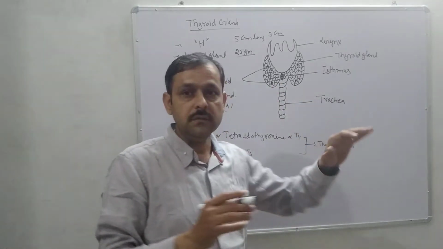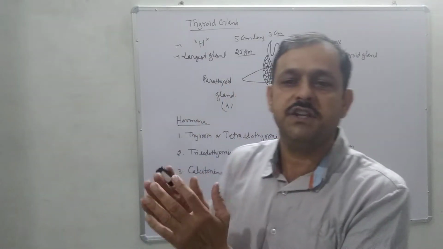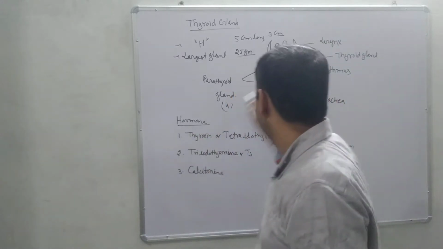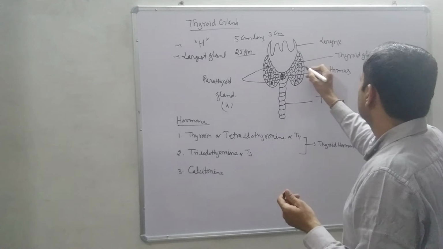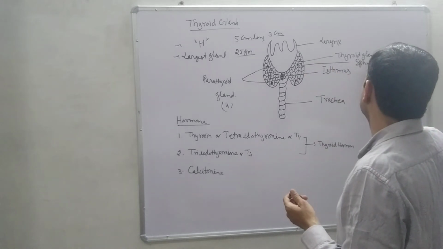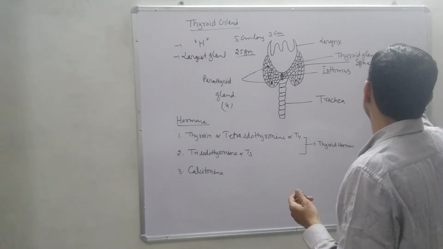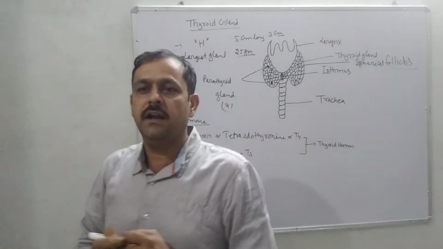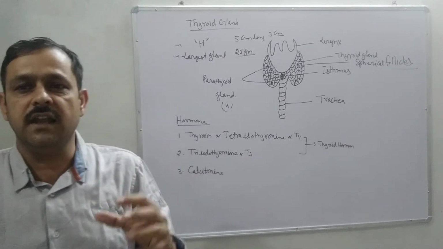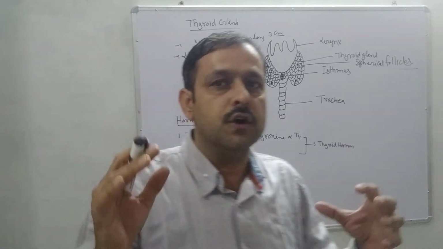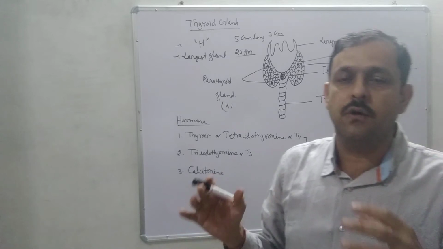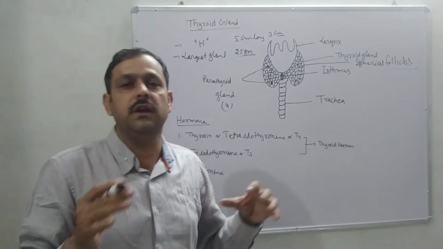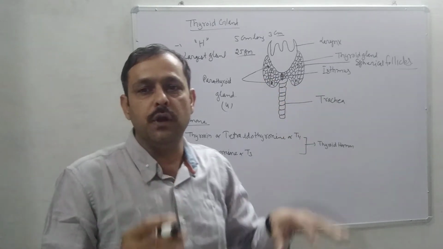Now, this gland is made up of many spherical follicles, and a yellowish, jelly-like, transparent colloidal substance, iodothyroglobulin, is filled in the cavity of these follicle cells.